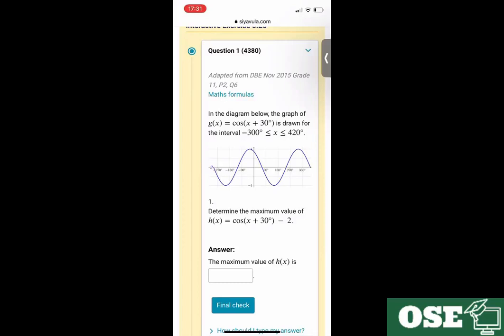So what do you notice about the two equations? What's the difference? What is the difference between the equations of g of x and h of x?